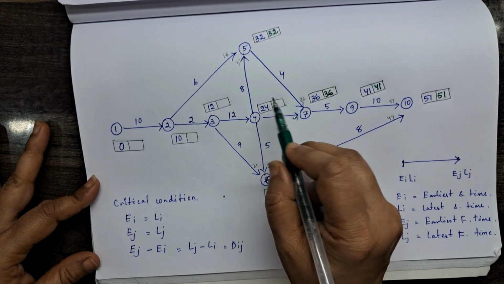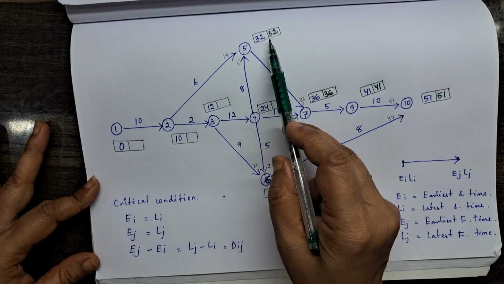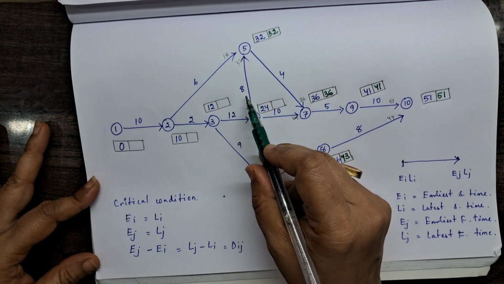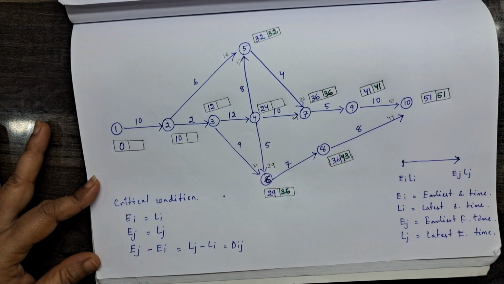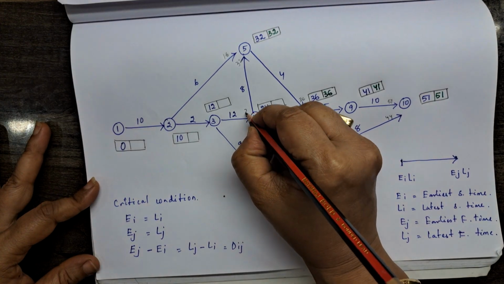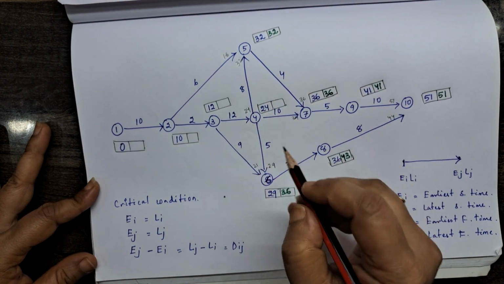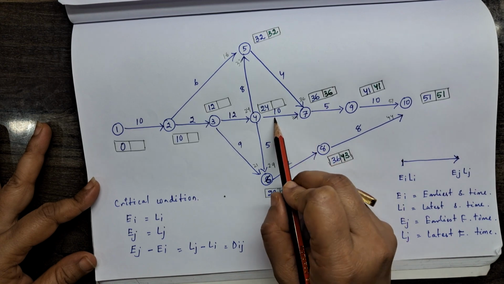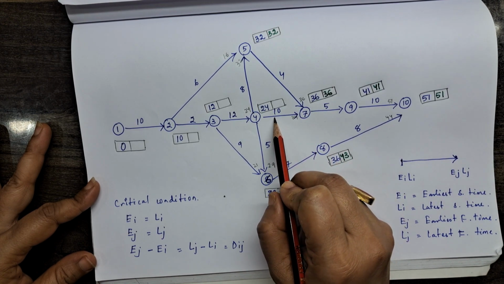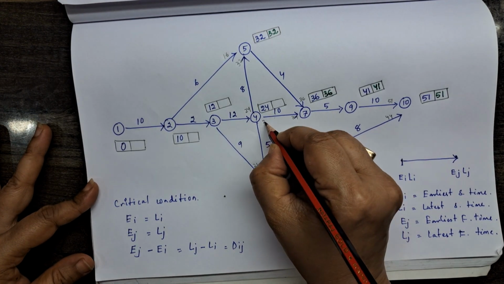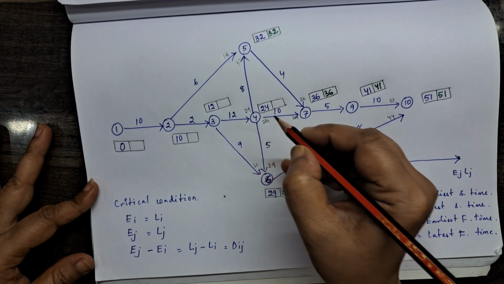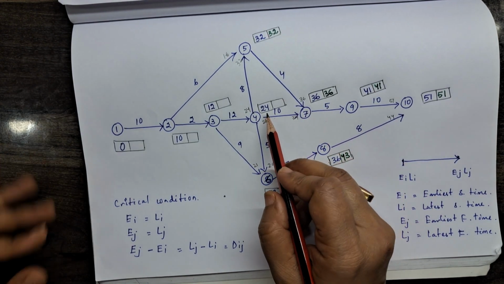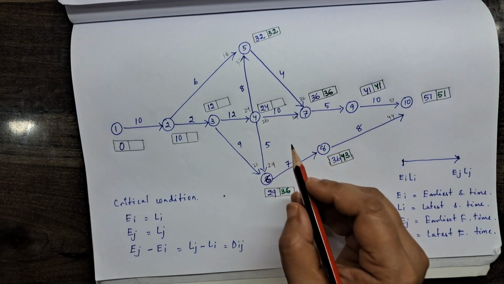So, how are we going to calculate? First one is 32 minus 8, which is 24. Second one is 36 minus 10, which is 26.